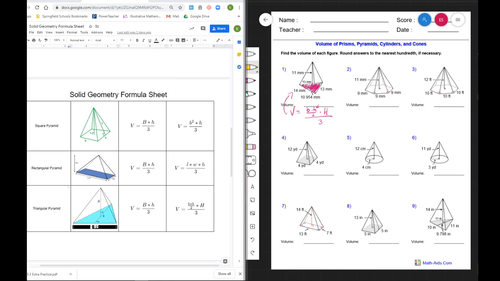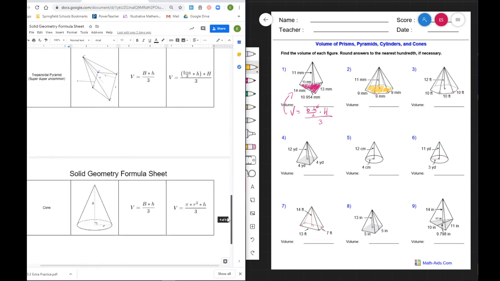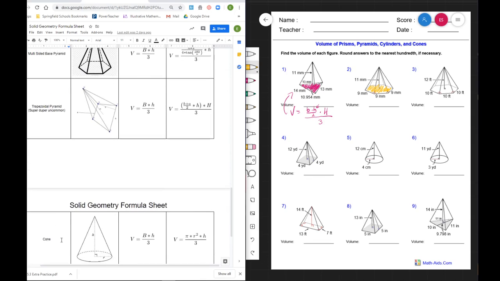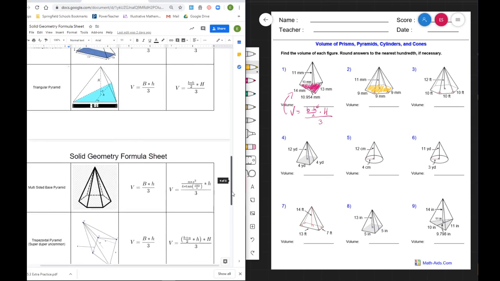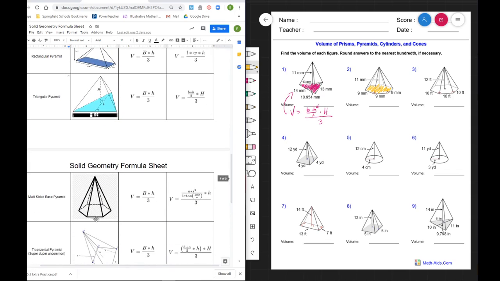Then if we take a look at number 2, again, we look at the shape of the base, and we see that it's a hexagon. Do we have any hexagons? I don't see anything that says hexagon pyramid over in the words here. So this is going to be a multi-sided base pyramid.